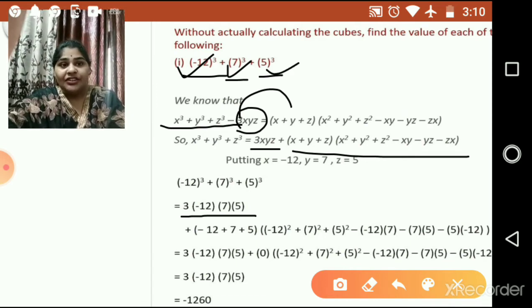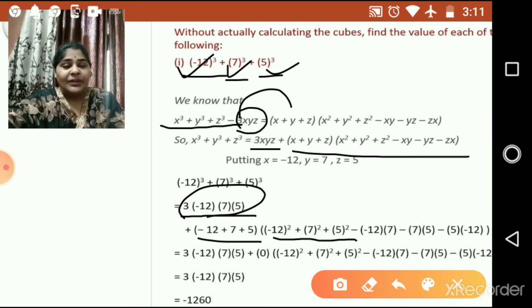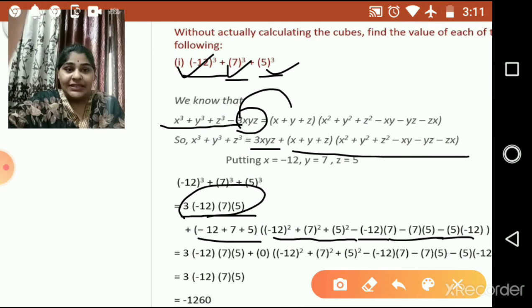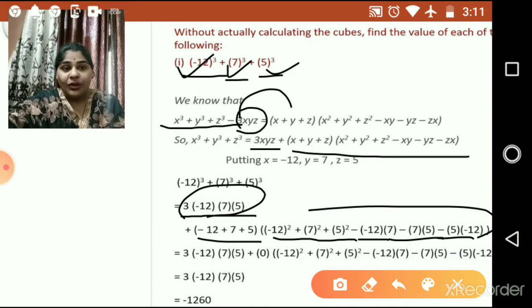So 3 into x into y into z plus whatever it is, x plus y plus z into x square plus y square plus z square minus xy minus yz minus zx. So this is how we have substituted all the values of x, y and z.